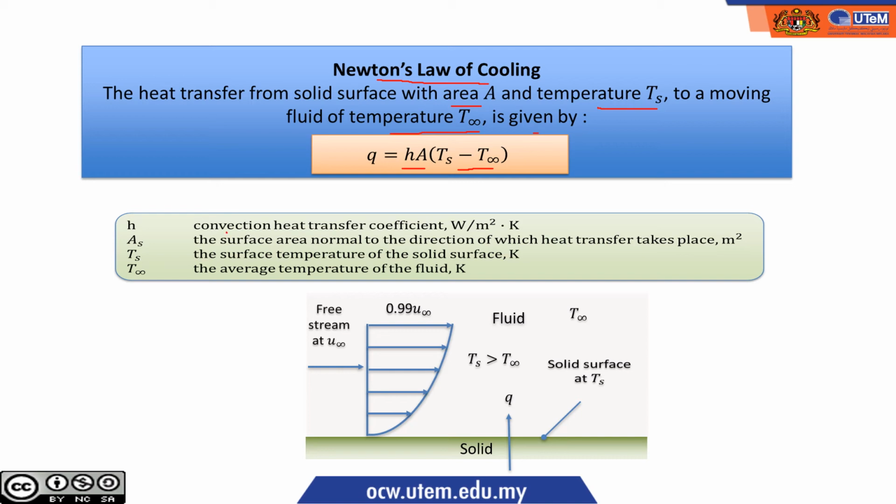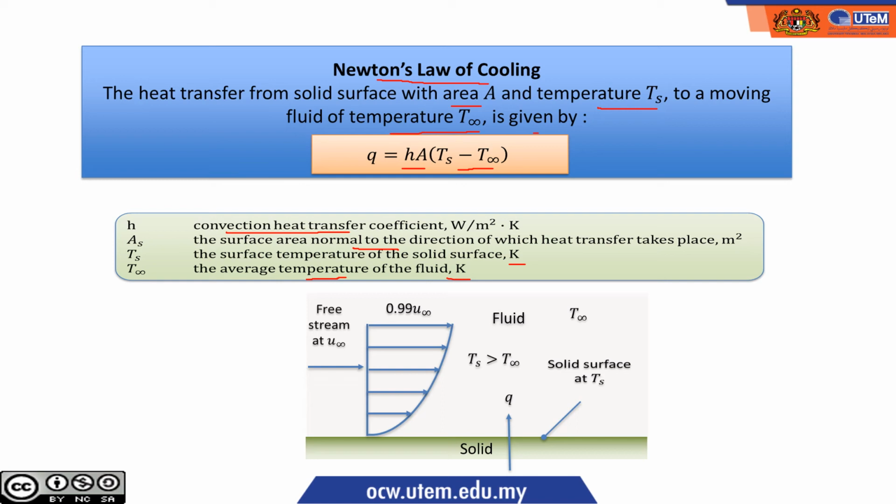Okay, h is the convection heat transfer coefficient, A is the surface area normal to the direction of heat transfer, Ts is the surface temperature of the solid surface, usually taken in Kelvin, and T infinity is the average temperature of the fluid, in Kelvin also.